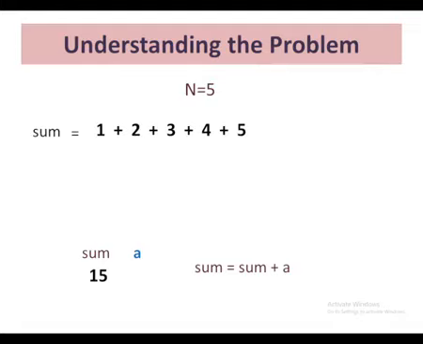Now in this logic, as you can see, in the previous method I used an individual variable for all the values, which made me use more variables. But in this logic I am using only two variables, sum and A. So it minimizes the space required for solving this problem.